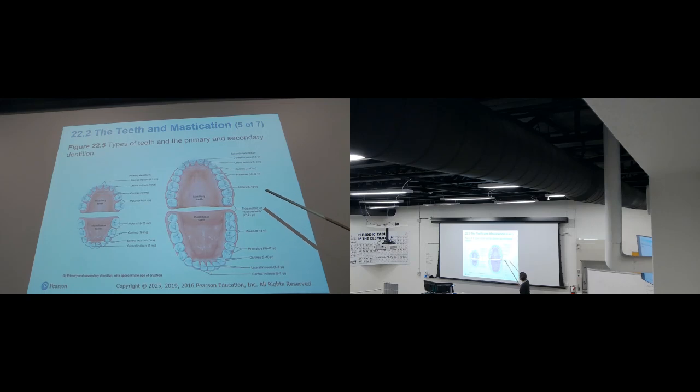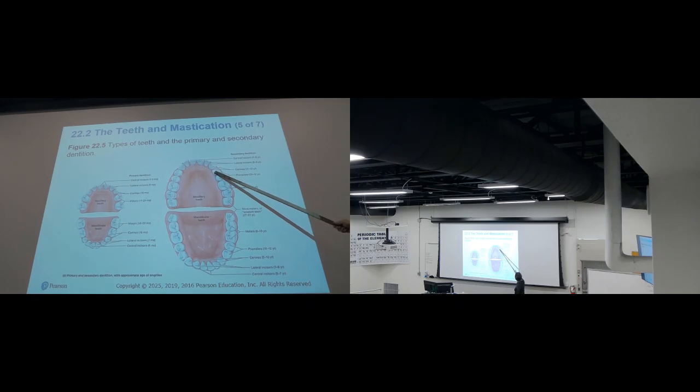Now for the secondary dentition or permanent, we have the lower central incisors that erupt between 6 to 7 years. Then the upper central incisors between 7 to 8 years old. And then we have the lower lateral incisors between 7 to 8 years old, the same as the central incisors. Then we have the lateral upper incisors between 8 to 9 years old.